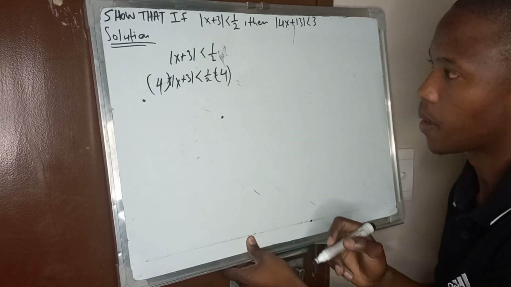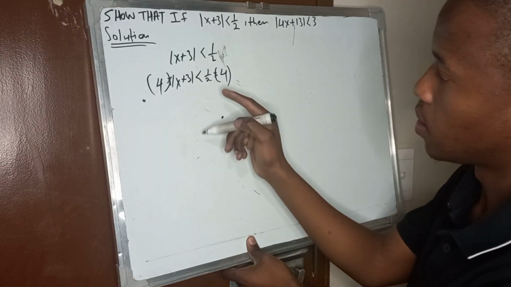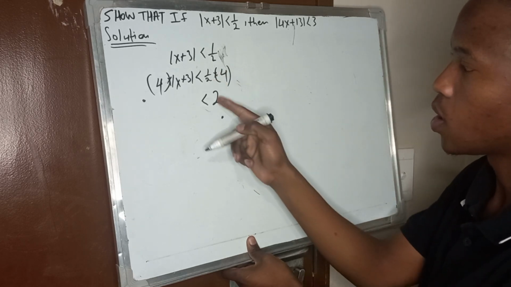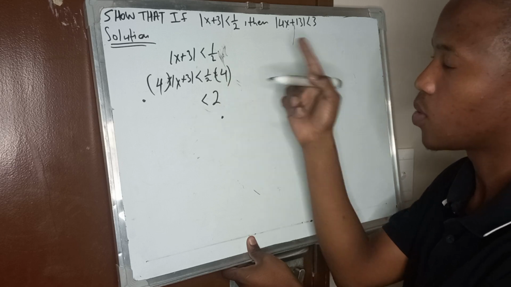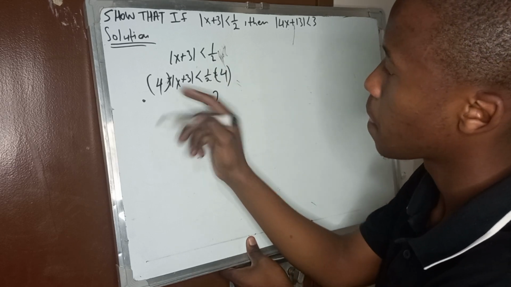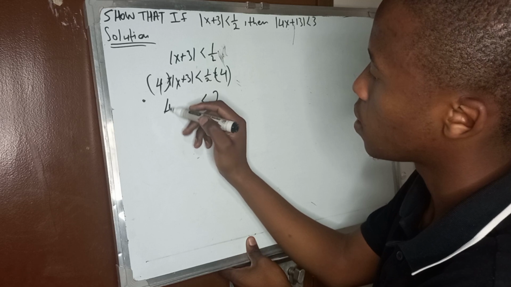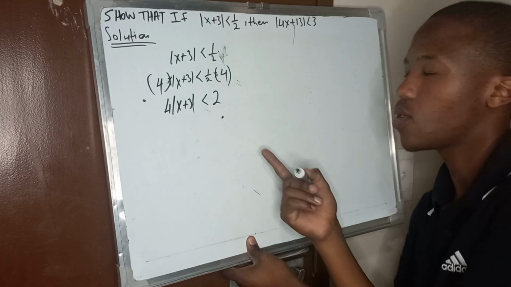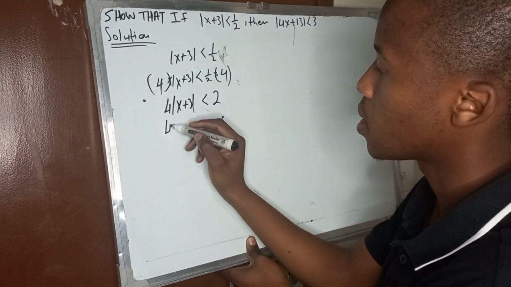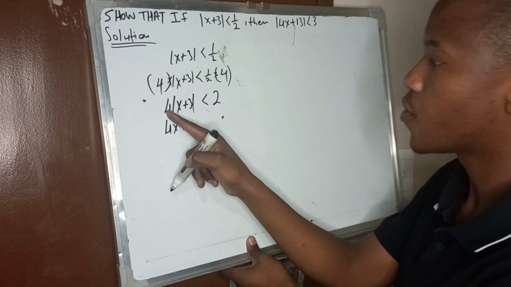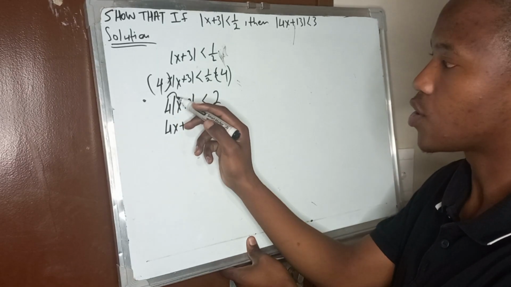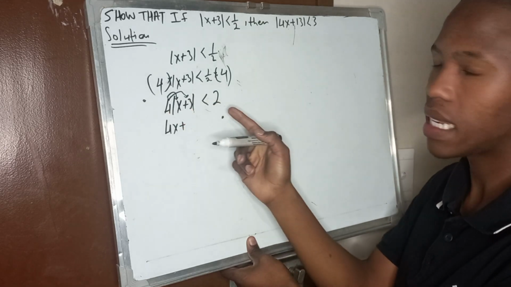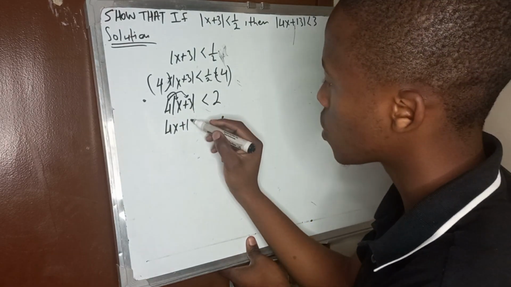4 times 1 over 2 is the same as 2. So this side is now 2, less than 4 times the absolute value of x plus 3, which is the same as the absolute value of 4x plus 4 times 3. This is like distributing inside. 4 times 3 is 12, so we get 4x plus 12.